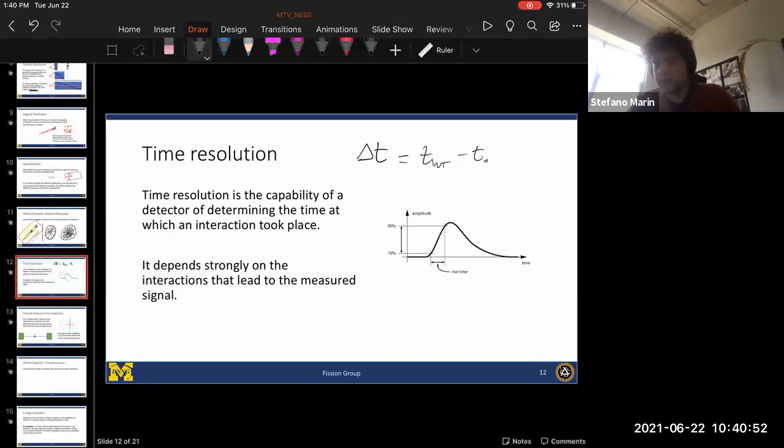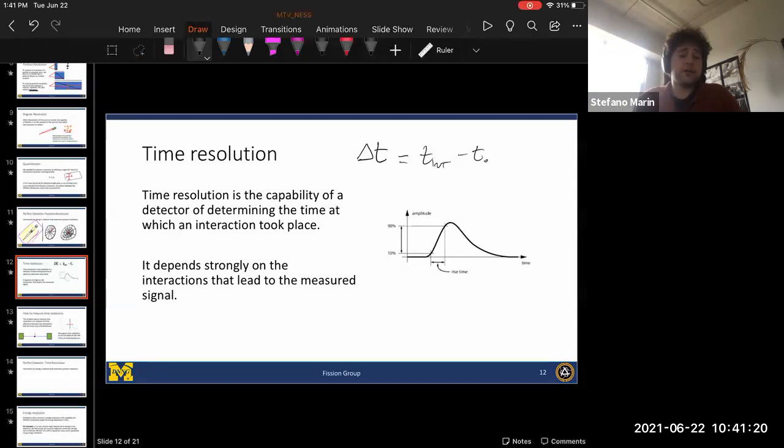To give an example, what is the information carrier in something like an ionization chamber, where you have heavy ions like nuclei or protons carrying the information? Well, these particles, given the same energy, move slowly compared to light charged particles. So in that case, you would have a slower time response.